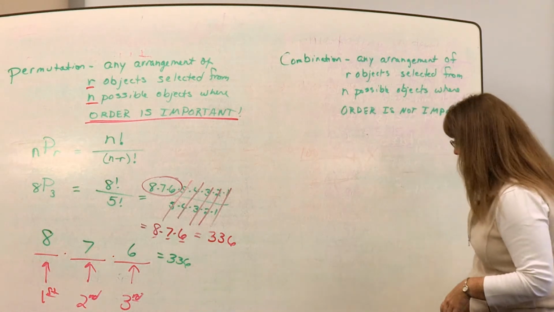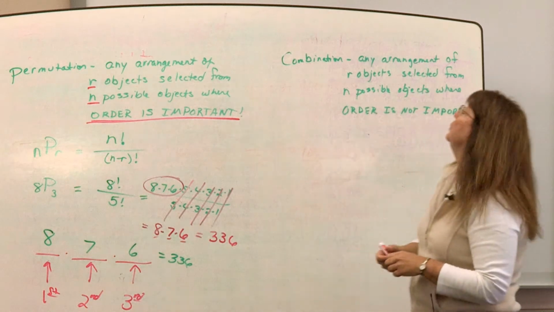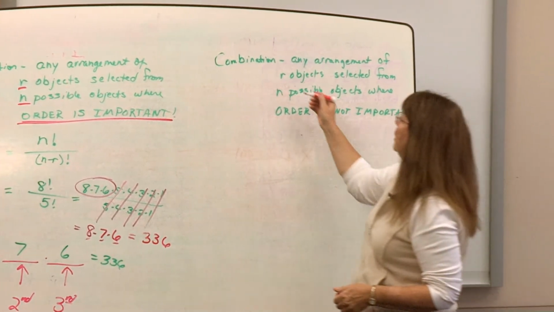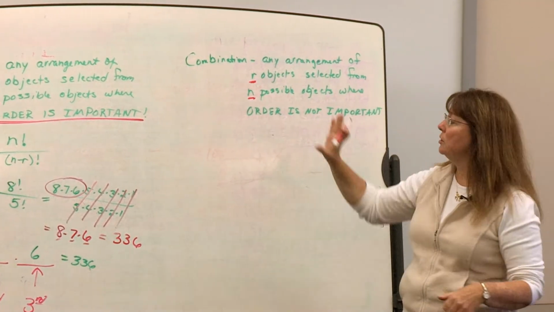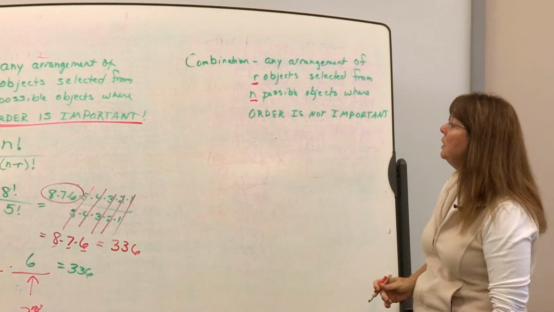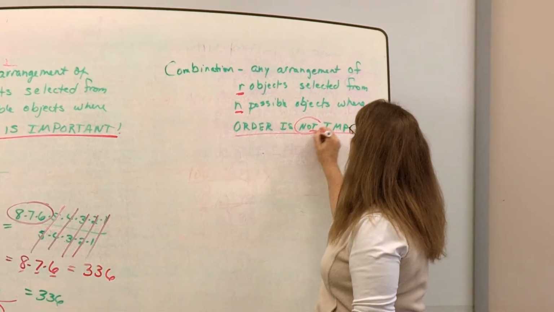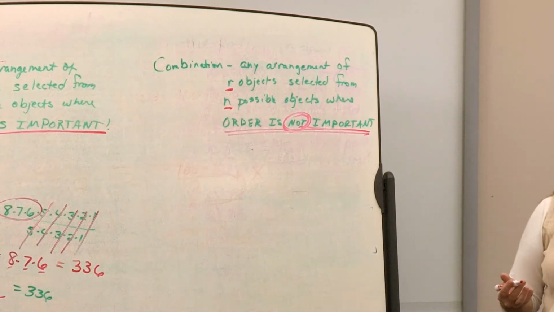So when you read through these 2 different definitions, we are again looking at an arrangement. How many ways can we arrange our possible objects out of a total of n possible objects? So it starts out looking exactly like a permutation. Here's the only difference. Order is not important. Not. So you have to make that decision. Is order important or not?